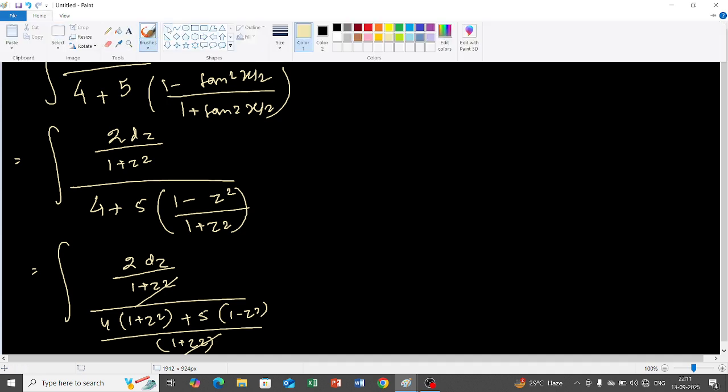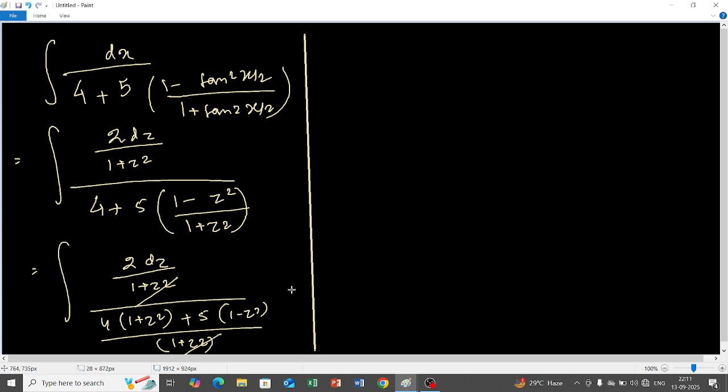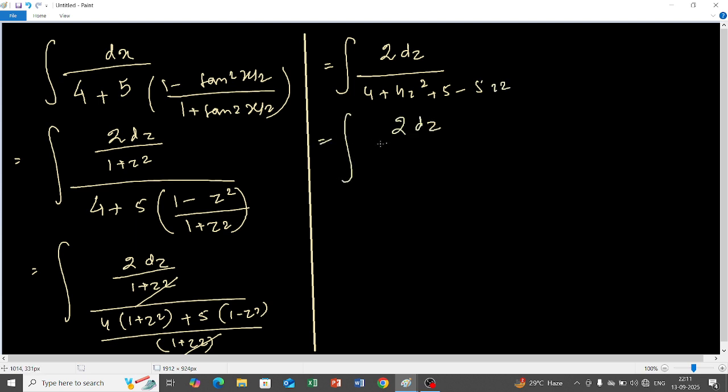Now see, the integration slowly starts taking an easy form. So integration 2 dz whole divided by 4 plus 4z square plus 5 minus 5z square, that is 2 dz divided by 9 minus z square.